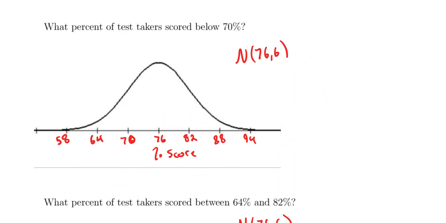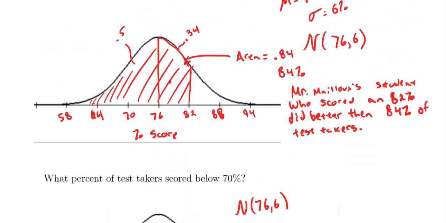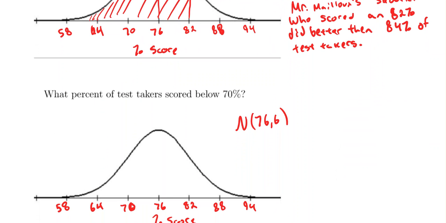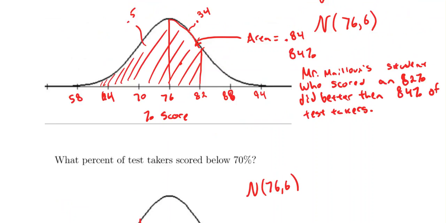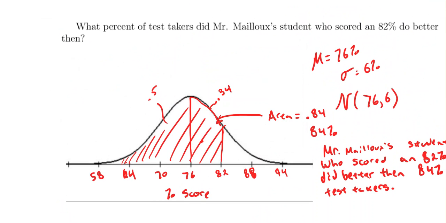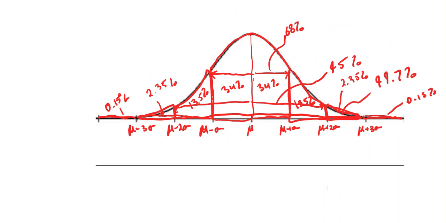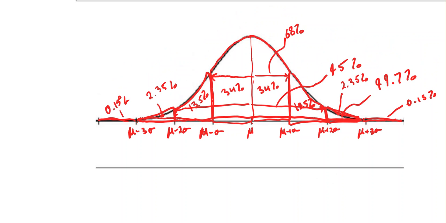We can then also ask questions like, what percent of test takers scored below 70%? Similar type question. We're just looking for this area over here, which, if you go back up again to the picture we get from our empirical rule, you can figure out however is going to make the most sense for you to add or subtract values till you only end up with this chunk here.